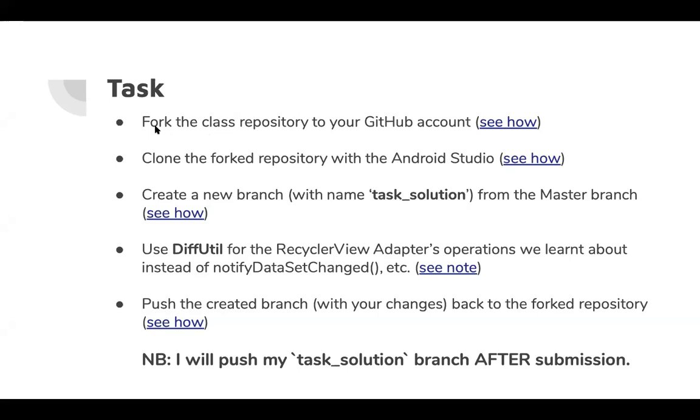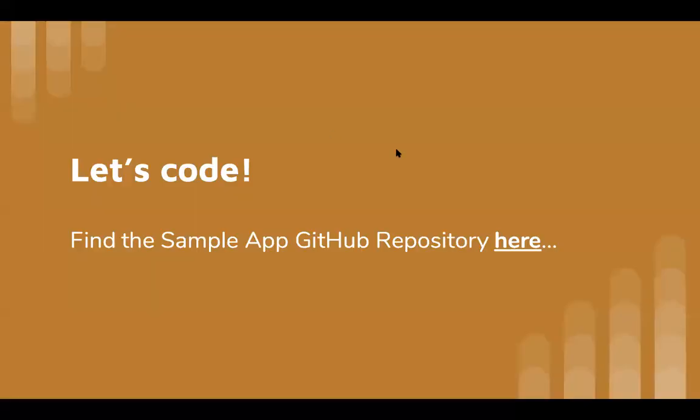So the task is this: you try to create a copy of the GitHub repository. The link is here when you get the slide. The link to the repository that I showed you is here, so you open my repository on GitHub. Maybe I should just show you. Okay, so this is it on GitHub.